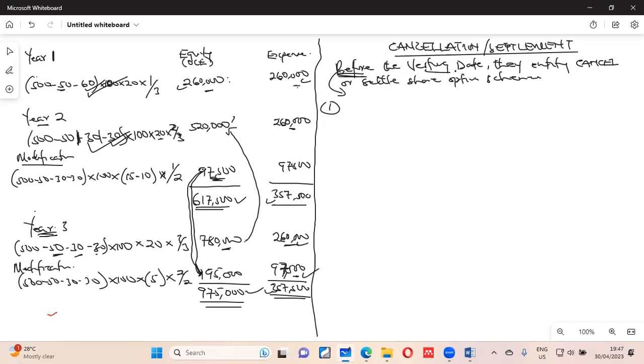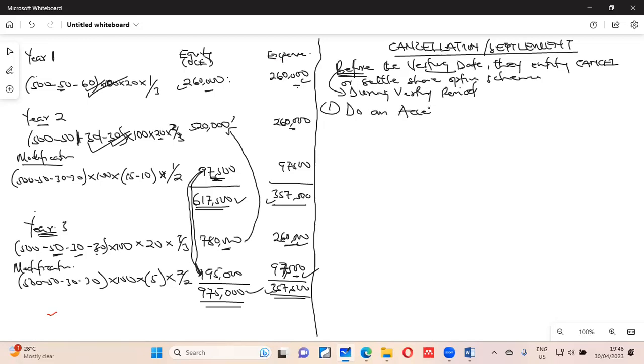So before the vesting date, or another English for that is during the vesting period. If cancellation or settlement happens, then what you are going to do is that you do an accelerated vesting.